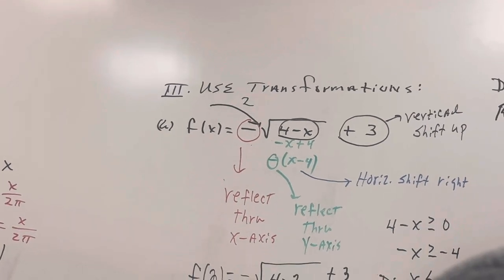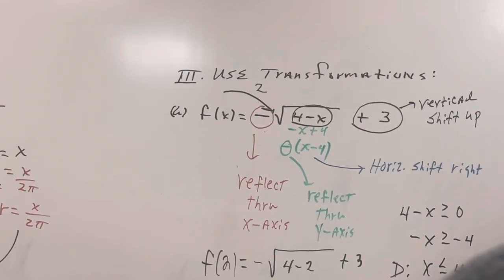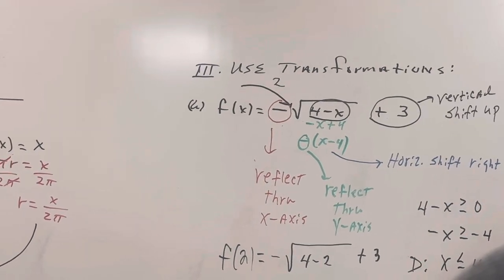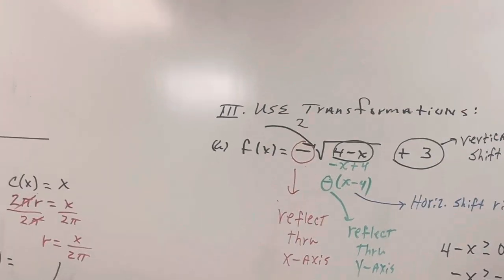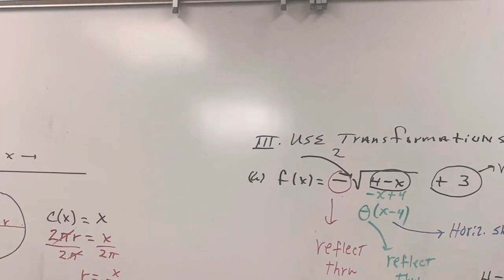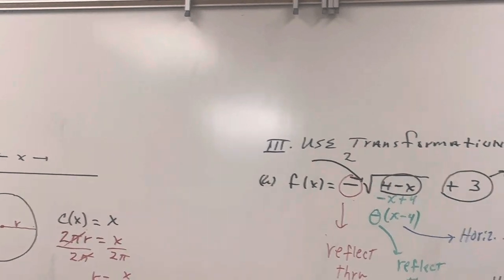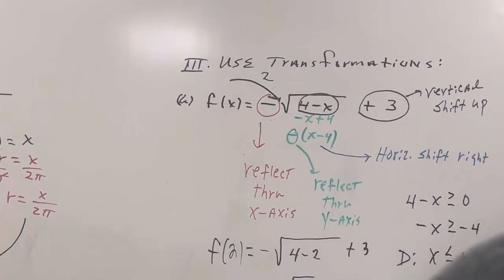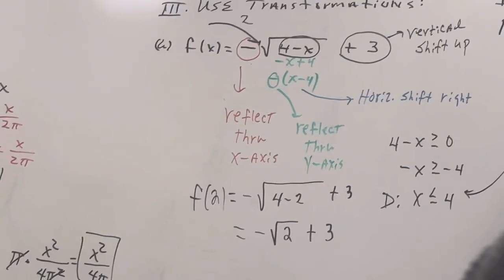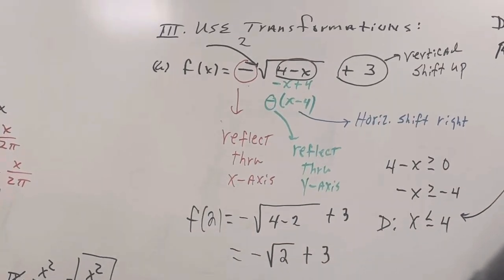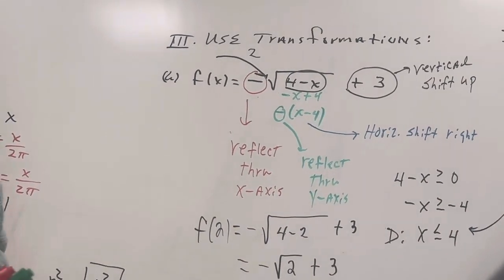Does anyone think they know what would happen if it were out front? What effect would it have on my parent graph then? Yes? It would shrink it. You almost said, not shrink. It depends on the number though. In this case, it's a 2. Is it going to stretch? It would stretch the graph.